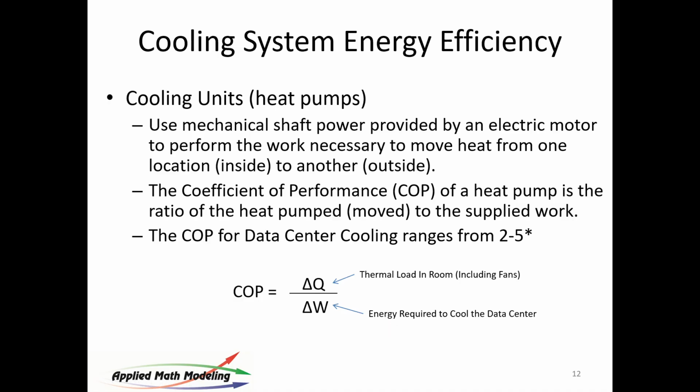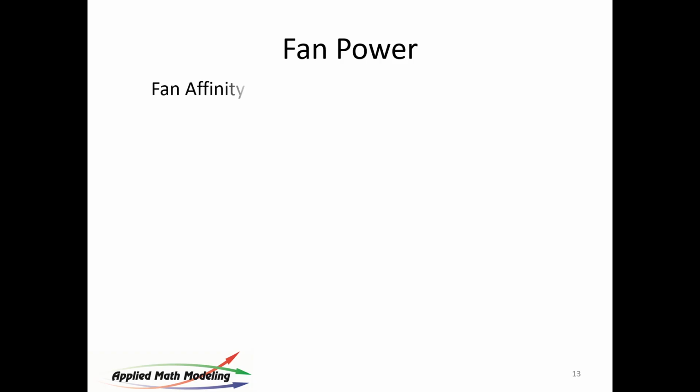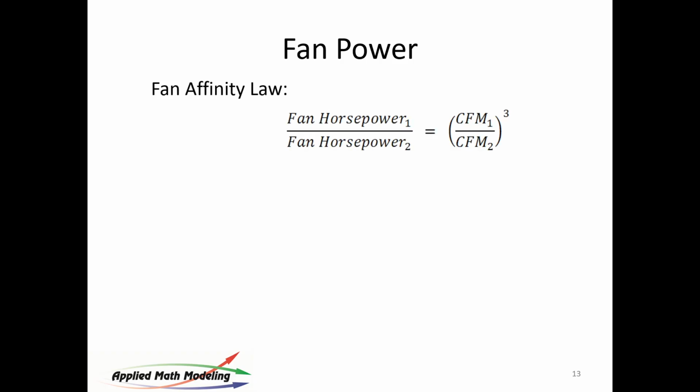You can do this for the entire data center. You can develop a COP for the data center that is a ratio of these two things. That's something ASHRAE is working on. It's called the mechanical load component. And it is something that's becoming popular along with PUE. Now, let me remind you that fan power, by the way, is a cubic relationship.